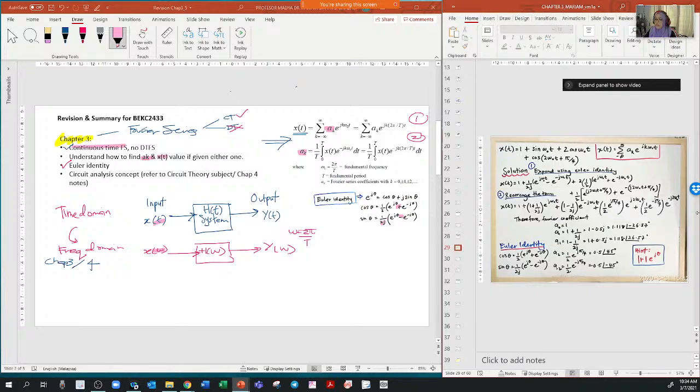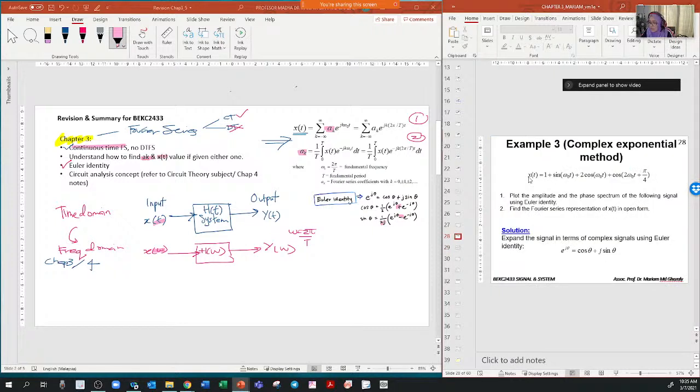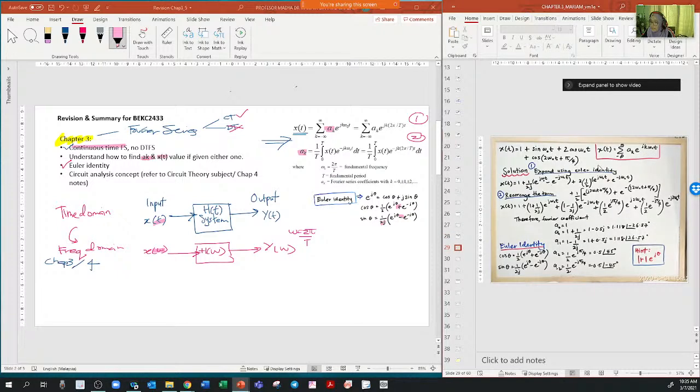If you see here, from this equation, this example is a bit more complex. You have x(t) equals 1 plus sine omega t plus 2 cos omega t plus cos(2 omega t plus pi over 4). From here, using Euler, you are going to expand it, using this first equation.